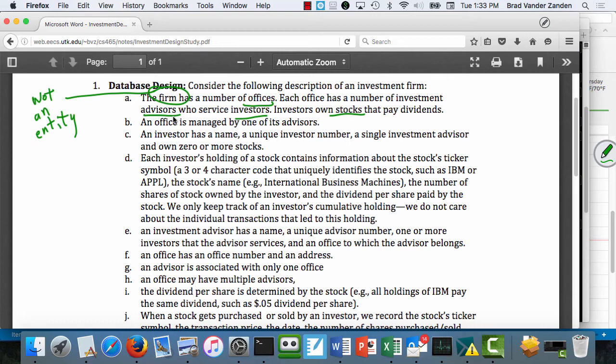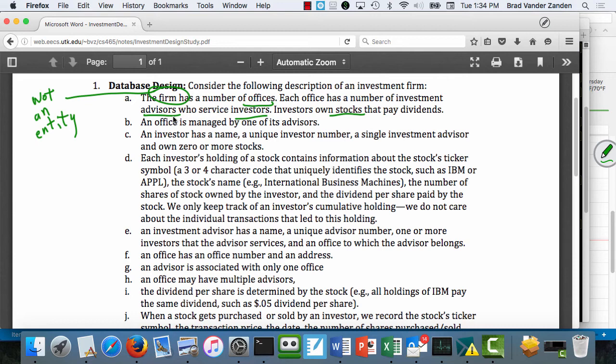And then, well, nope. A firm has a number of offices. I understand that, which is what gets a lot of you down the primrose path. But firm is not an entity in this case. The database is representing the firm. But the firm is not an entity. Yes.